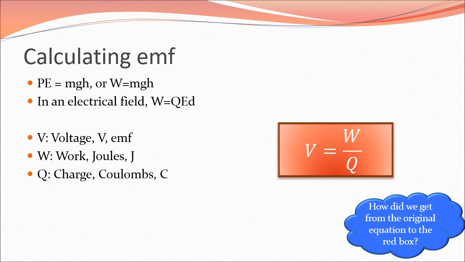So rather than looking at objects with mass, we're looking at objects with charge. So we're not having m, we've got q. We're not looking at objects in a gravitational field. We're now looking at objects in an electric field. So we don't have g, we have capital E.